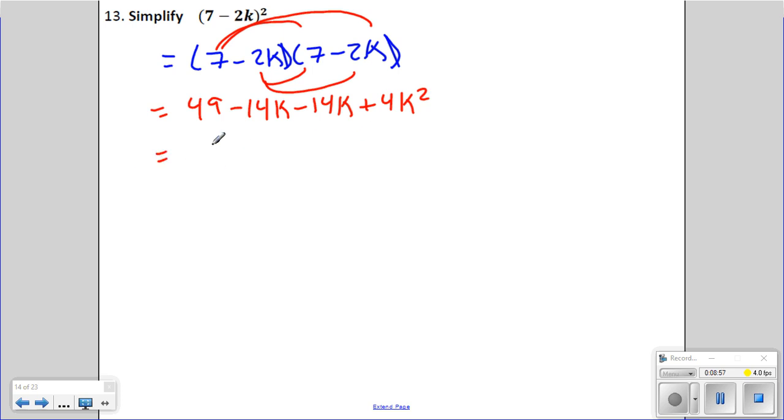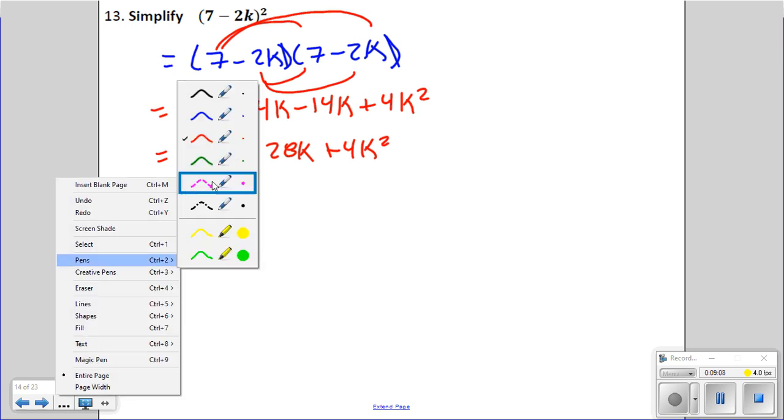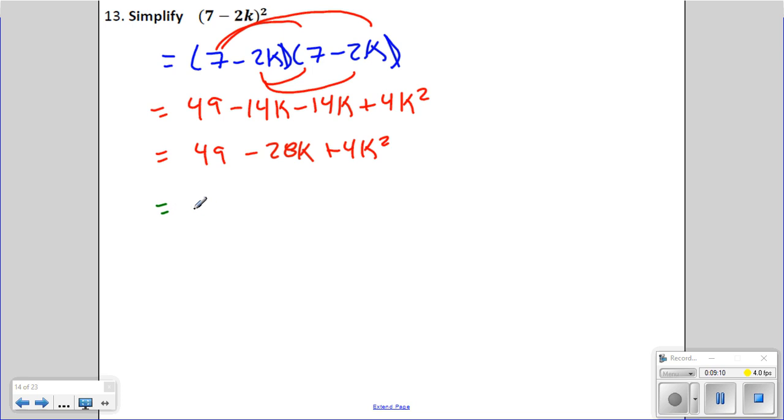Combine your like terms, that's 49 minus 28k plus 4k squared. And then put it in the correct order. So the correct order would be 4k squared minus 28k plus 49.